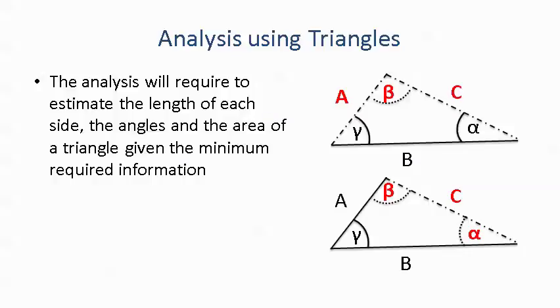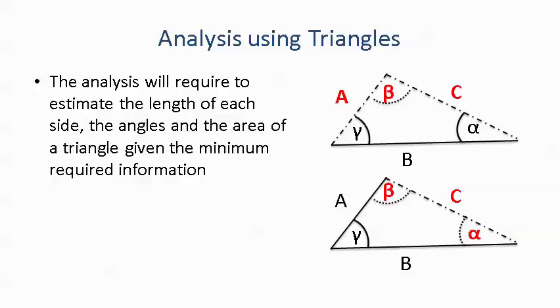Let us now proceed with understanding how to perform an analysis using triangles or principles that we have seen in the introduction. In order to perform this analysis, we must know some minimum information.